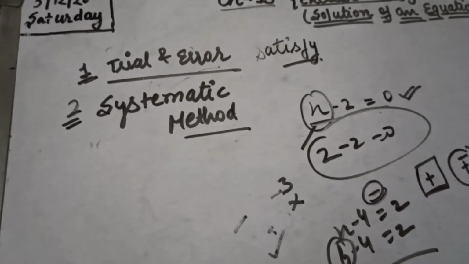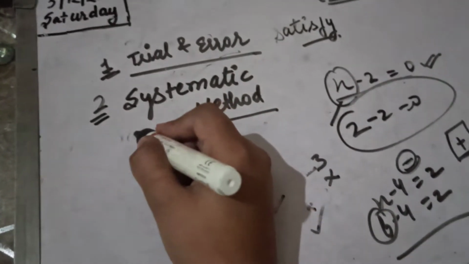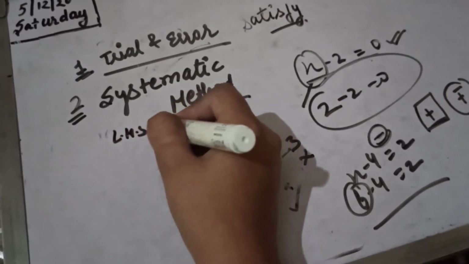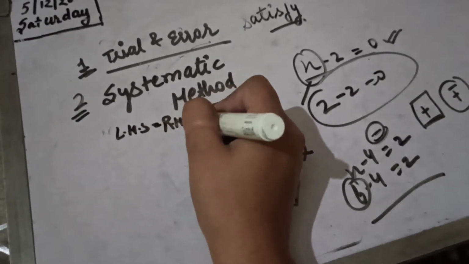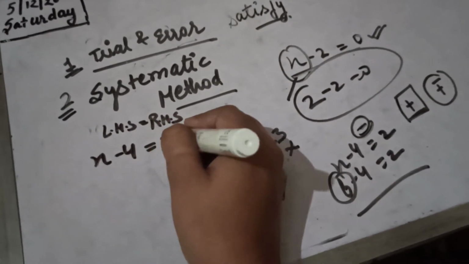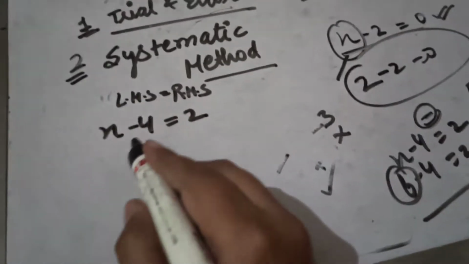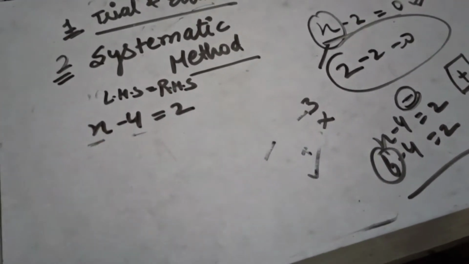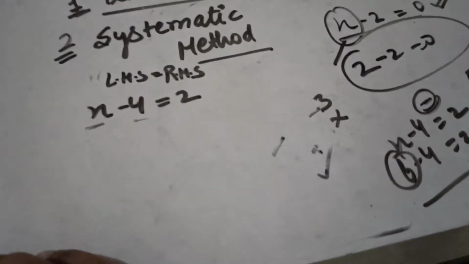The main part of this method is that you will solve the left hand side as well as the right hand side together. Like this is x minus 4 equals to 2.